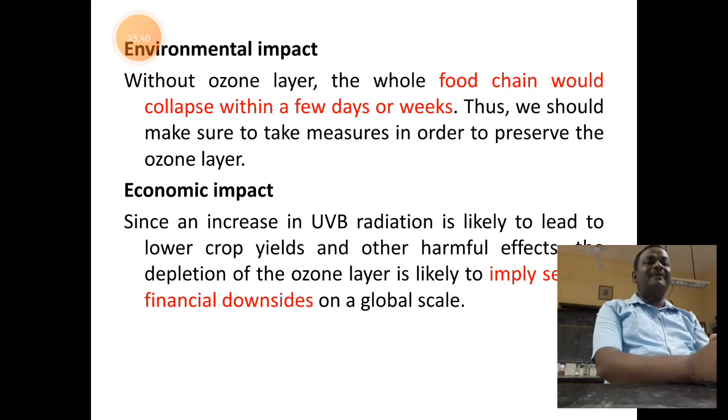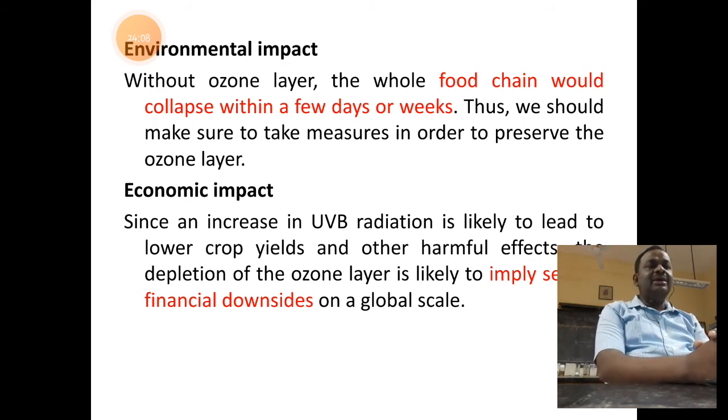In continuation of the same, collapse of the food chain occurs more quickly due to the destruction of plants, planktons, animals, etc. This gives an imbalance to the environment, affecting the environment overall. The next is impact on the economy.